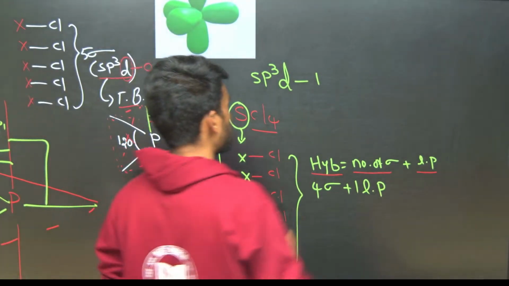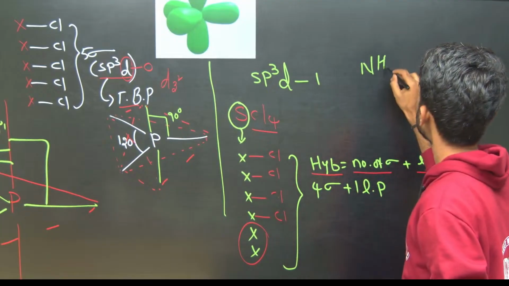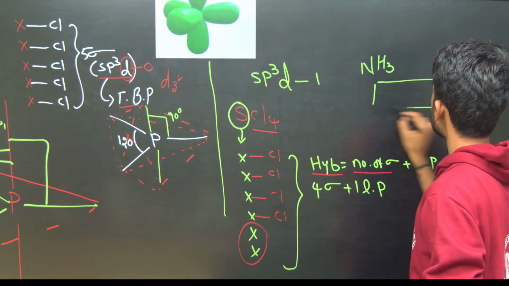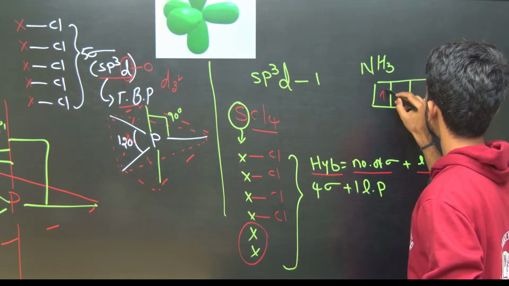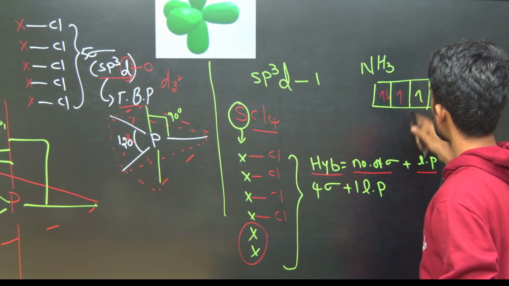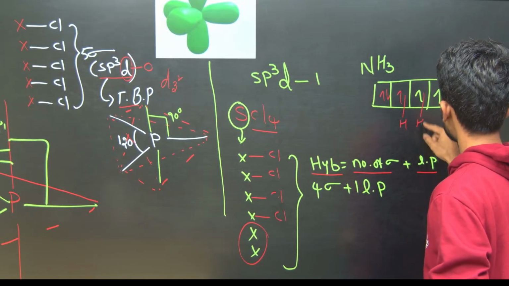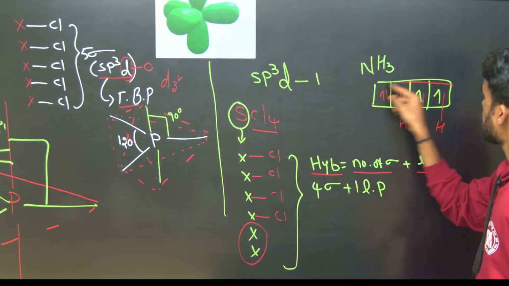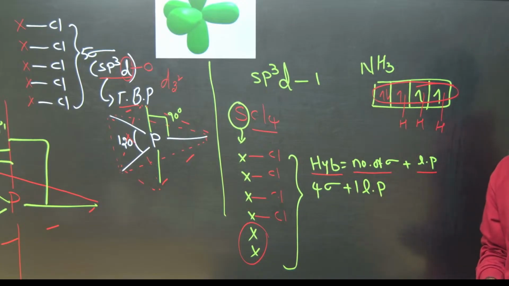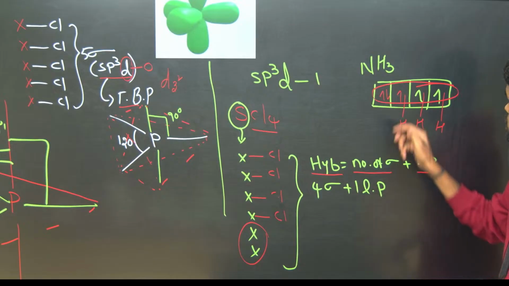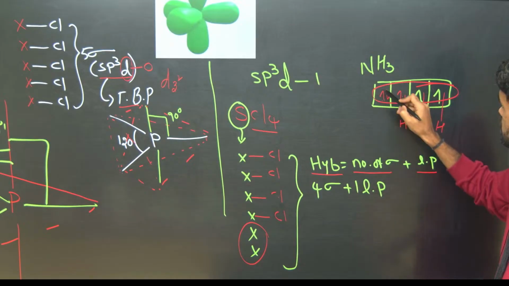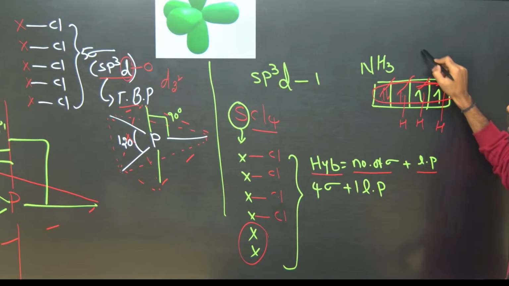Okay. So for example, in the ammonia case, what did you do? You got something like this. You have one hydrogen atom here, another one here, and another one here. So what total hybridization did you get? 3, sp3. This one and all these 3 are involved in sp3.